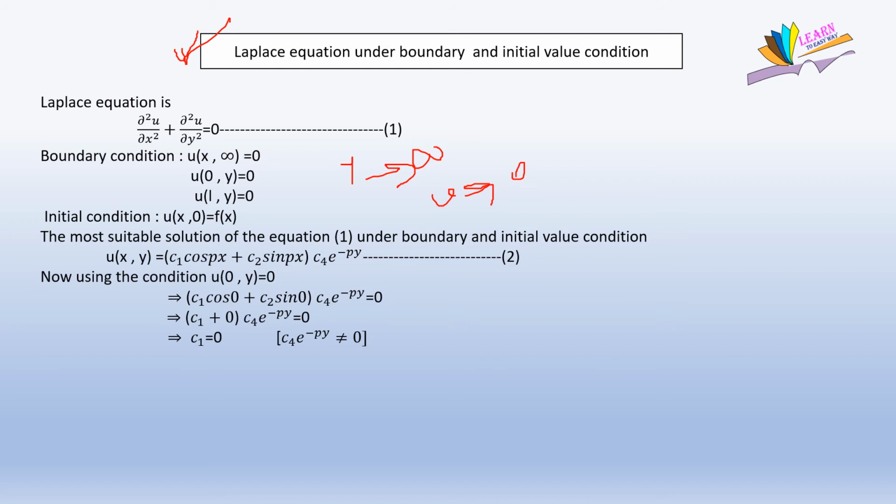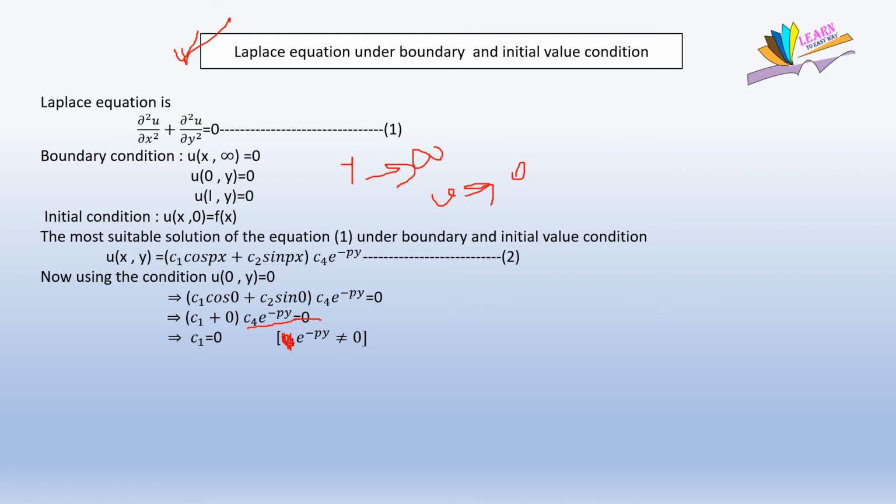Now using the condition u of 0 comma y is equal to 0, that is, when x is 0, c1 cos 0 plus c2 sin 0 into c4 e to the power minus py is equal to 0. The value of cos 0 degree is 1 and sin 0 degree is 0, so c1 plus 0 into c4 e to the power minus py is equal to 0. So c1 is equal to 0, where c4 is not equal to 0 and e to the power minus py is not equal to 0.